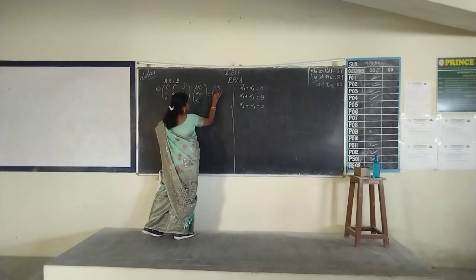Second one, 1, 0, 1. Third one, 0, 1, 1. Into the variables, what are the variables? Alpha 1, alpha 2, alpha 3. What is our B matrix? X, Y, Z.